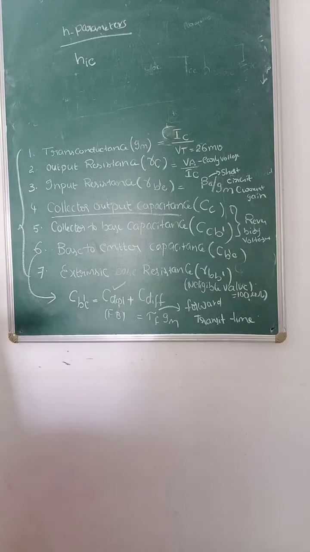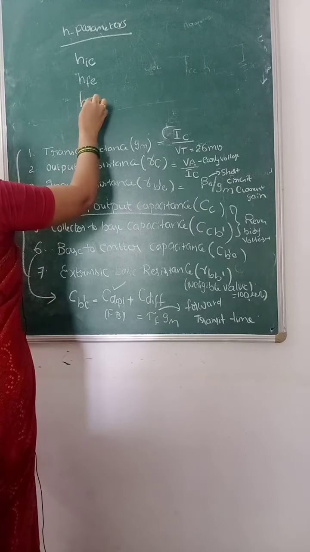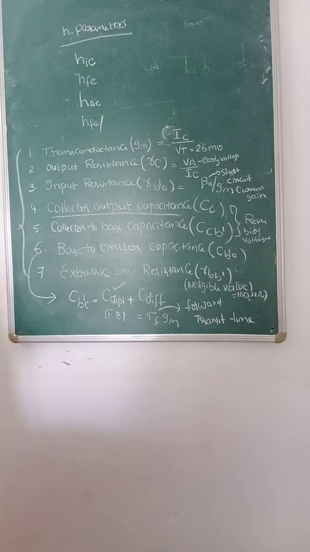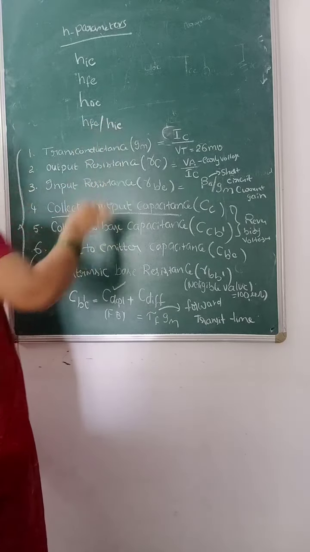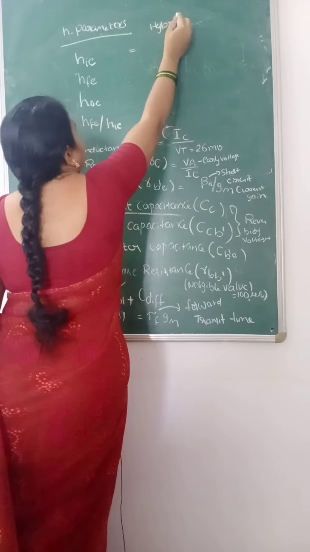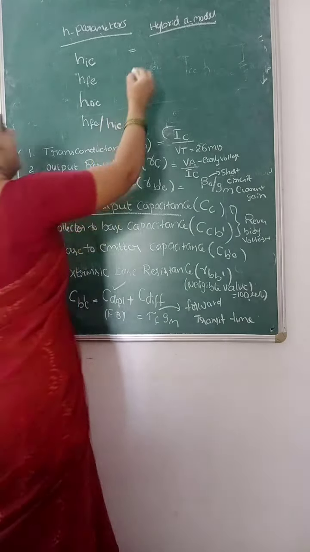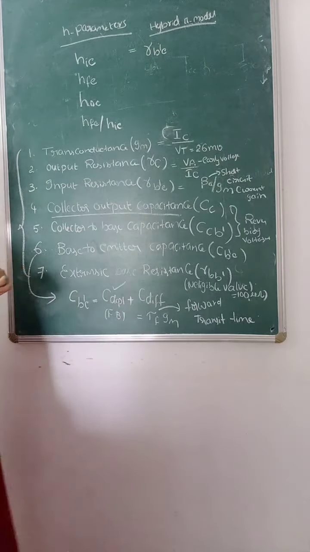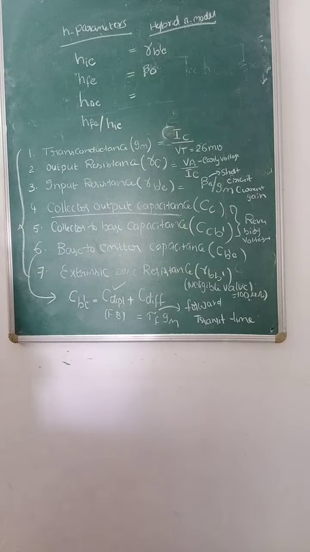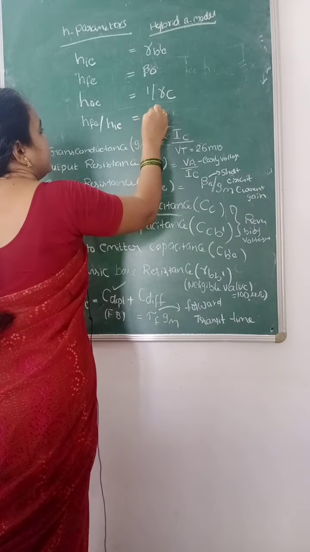HIE, HFE, HOE, and HFE by HIE. These are the H parameters, and the elements in this hybrid pi model are: HIE is nothing but RB dash E, and HFE is nothing but beta naught, and HOE is 1 by RC, and HFE by HIE is Gm.